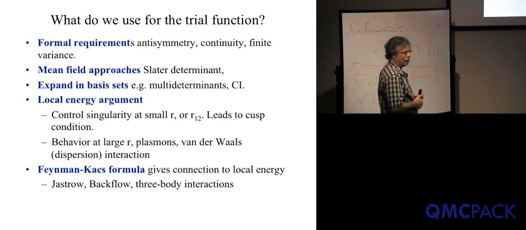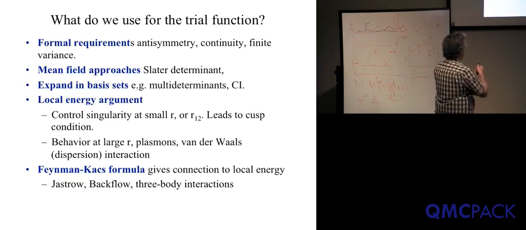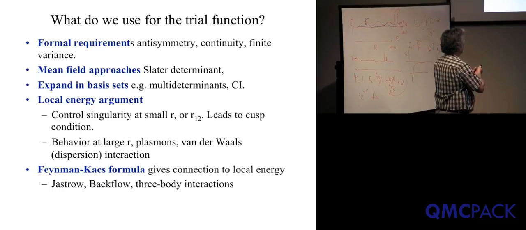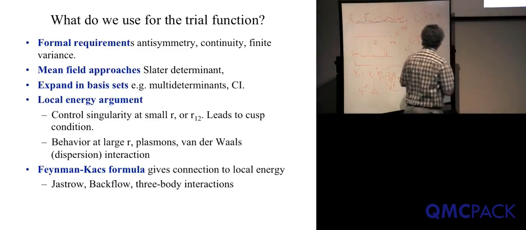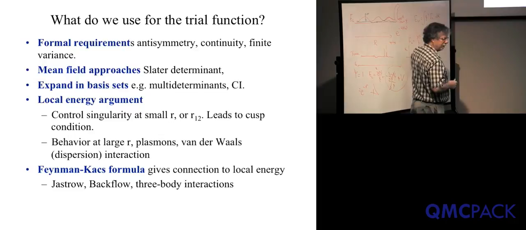And so this is the way we can take care of the electron-electron interaction, by putting an extra term in the trial wave function. And this is the singularity at small r, and that leads to what's called the cusp condition. The cusp is this thing right here.